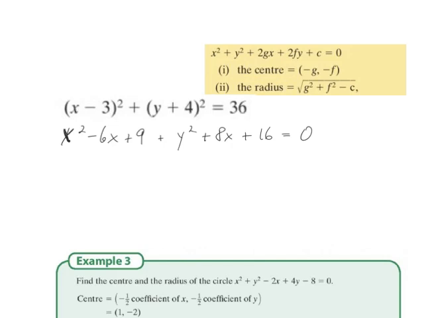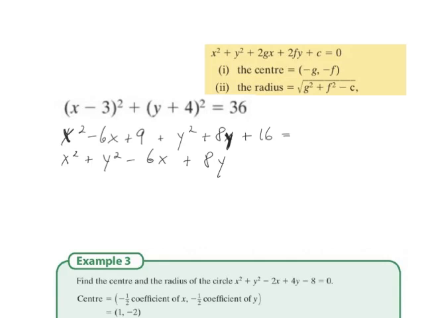And we rearrange everything, so x squared plus y squared. Now, sorry, I made a mistake here. That should be a y. So now I write my minus 6x plus 8y, and now, sorry, another mistake here.